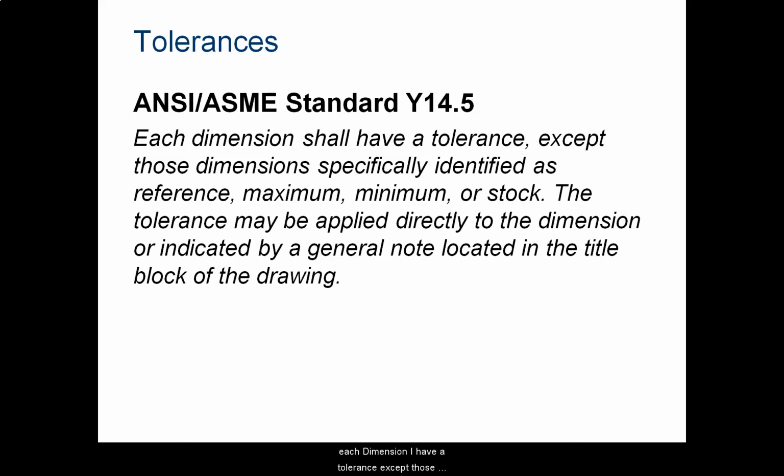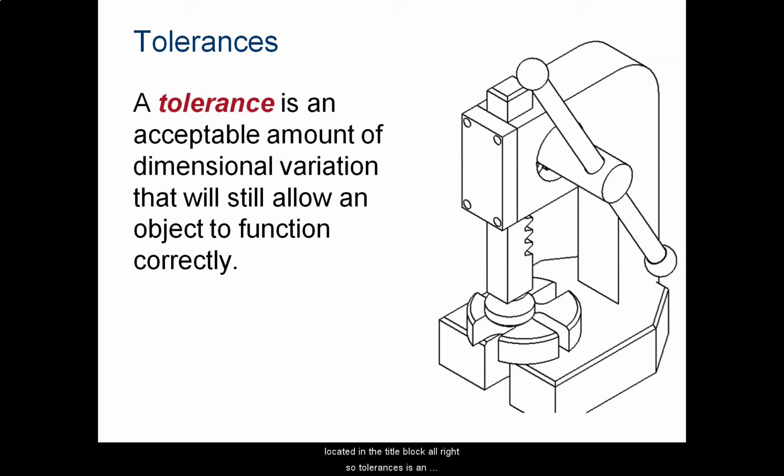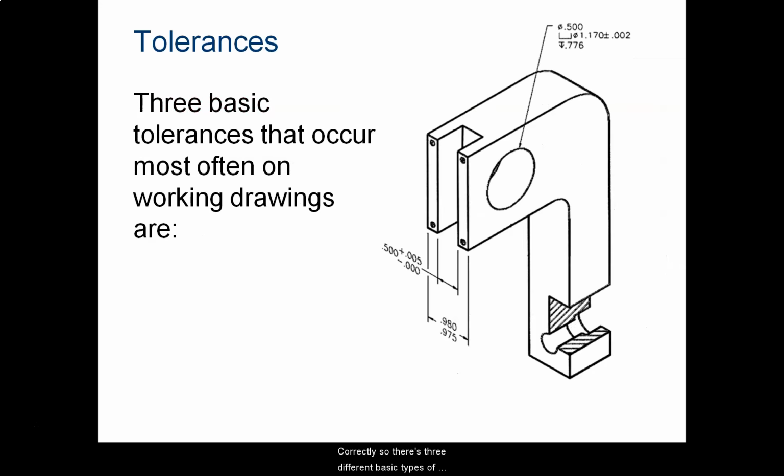Each dimension shall have a tolerance except those dimensions specifically identified as reference, maximum, minimum, or stock. The tolerance may be applied directly to the dimension or indicated by a general note located in the title block. Tolerance is an acceptable amount of dimensional variation. So how far off can it be built and still function correctly?